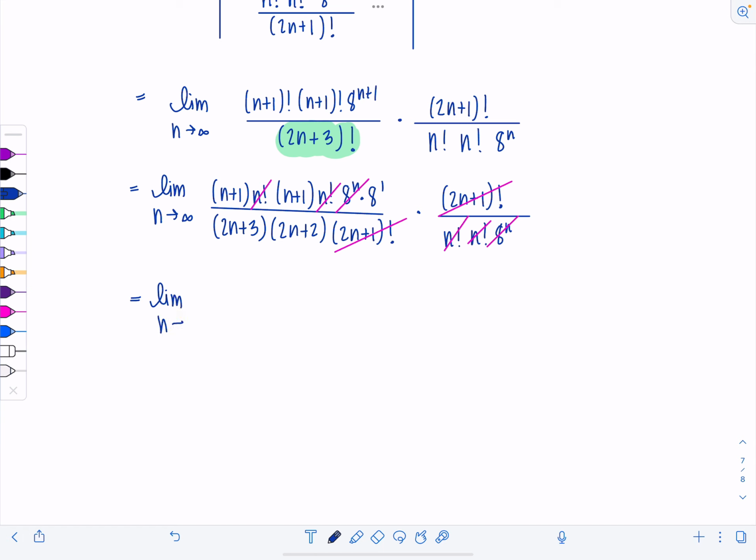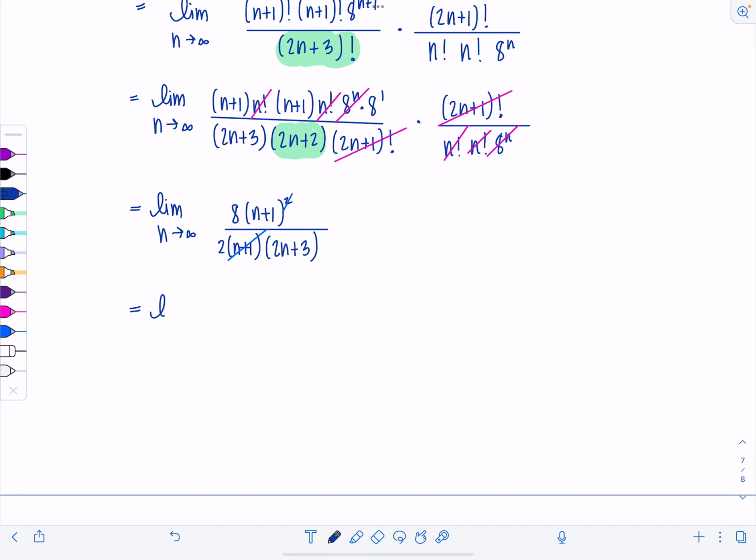N goes to infinity. In the numerator, I have an 8. I have (n+1) squared over, now check this out. I have 2n plus 3, and then you see this little 2n plus 2? I can factor a 2 out, and then it's just n plus 1. So I can cancel this n plus 1 with one of the ones in the top.